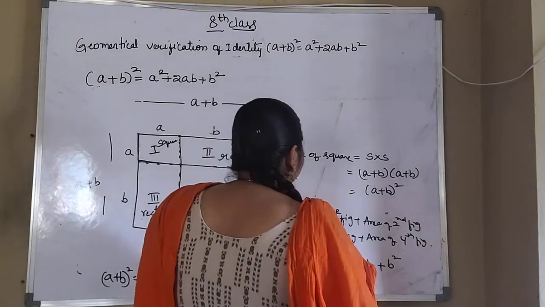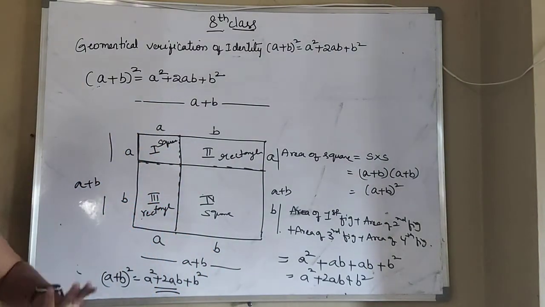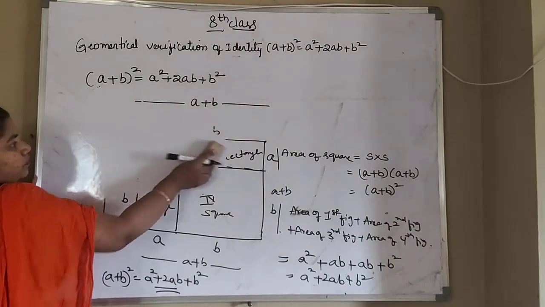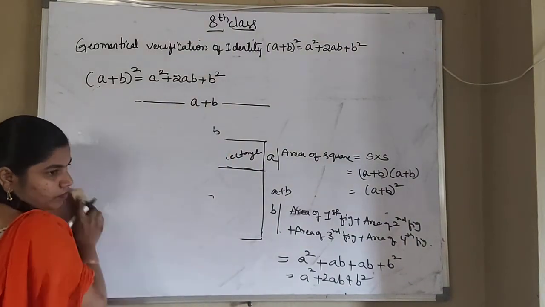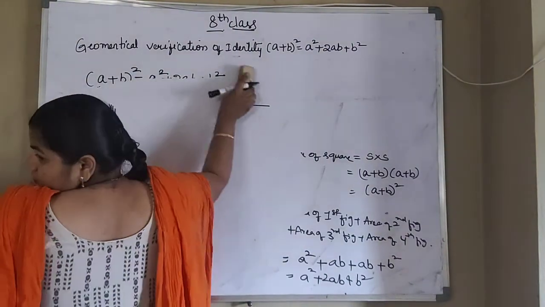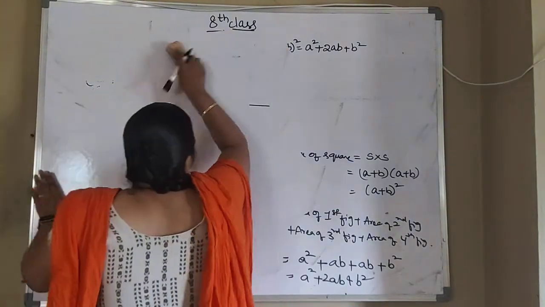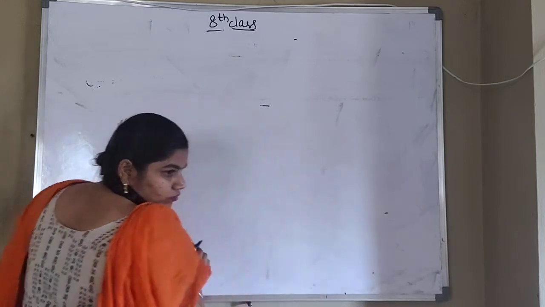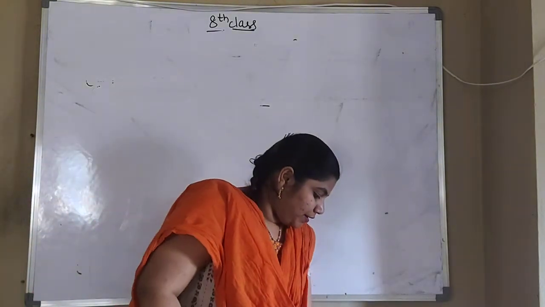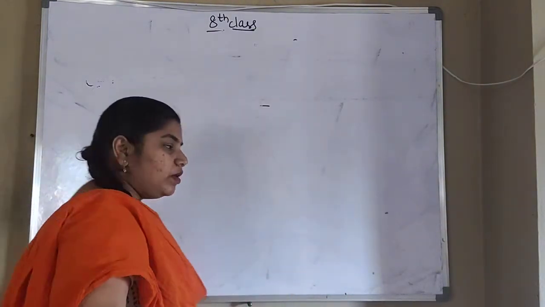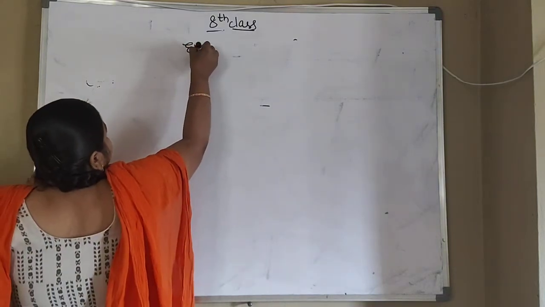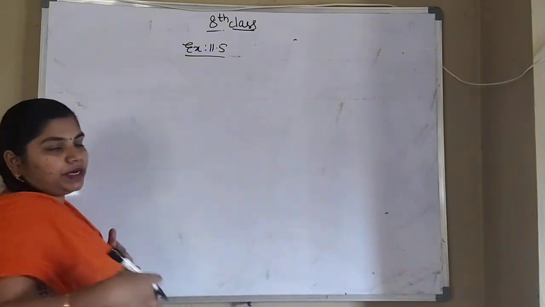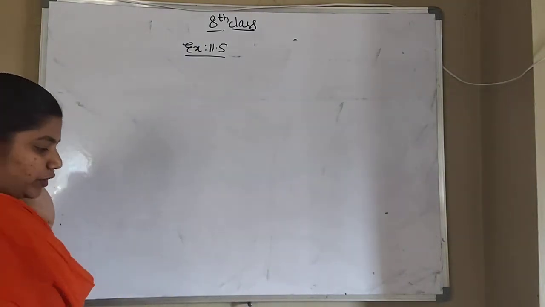Now we are going to start the first bit of the exercise, Exercise 11.5. I am doing only the first bit because I have explained a plus b; after the explanation of (a minus b) whole square, we will do that bit.